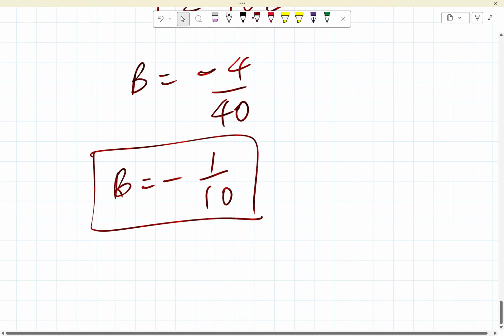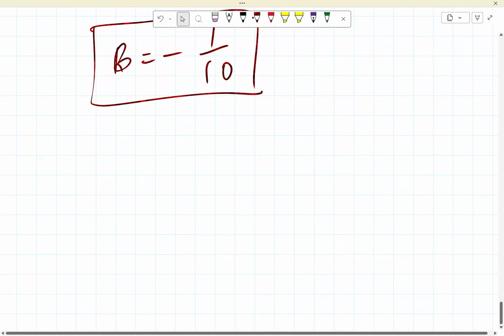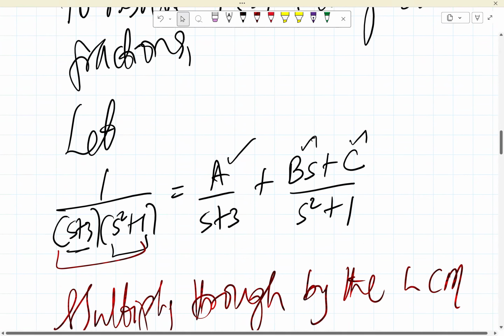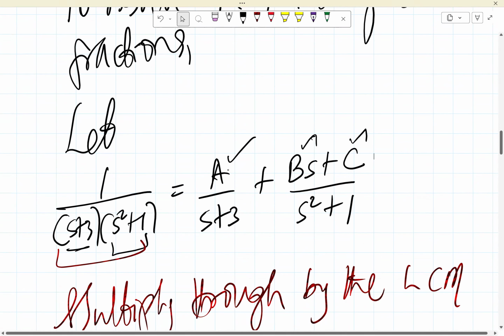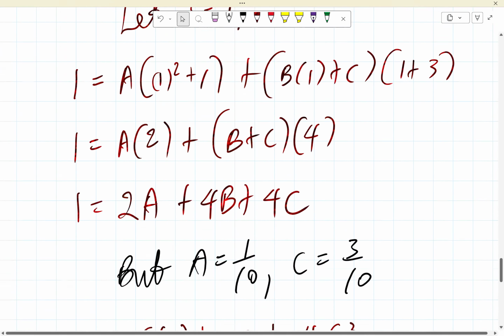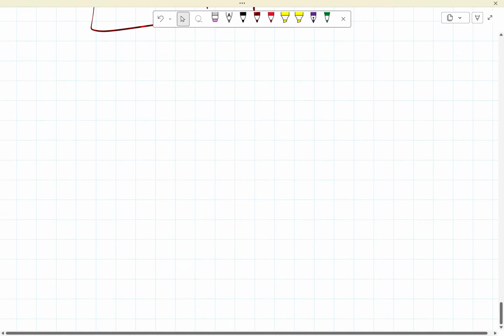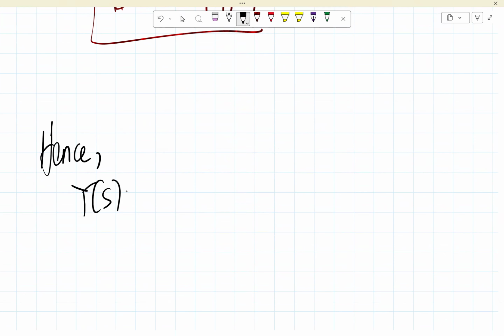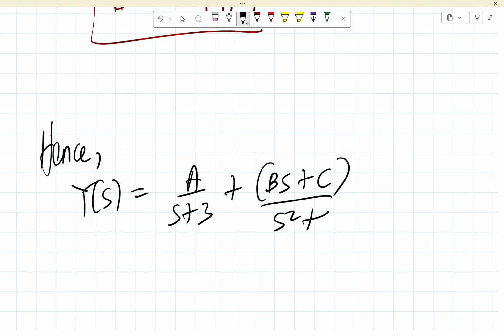So with all of that in place now, we can go back to the original partial fraction setup we have. Now we have got a, we have got b, we have got c. So we can put everything together. Hence our y of s, we said it should be a over s plus 3 plus bs plus c over s squared plus 1.